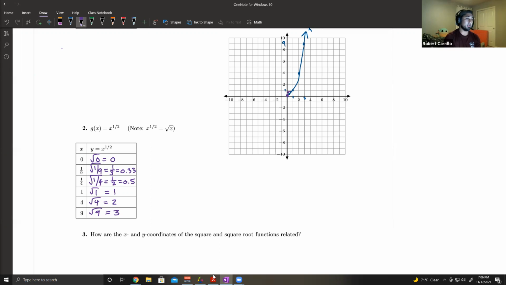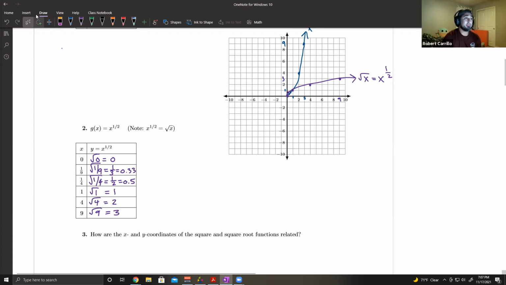And then at 1, I get 1. And then at 4, we get 2. And then at 9, we get 3. So here's what the square root function looks like. So this is the square root of x, or x to the 1/2. Same thing.